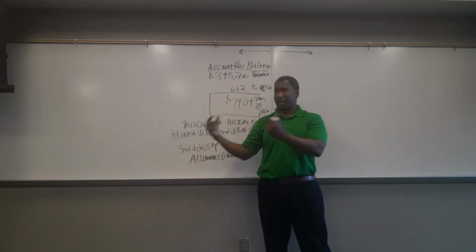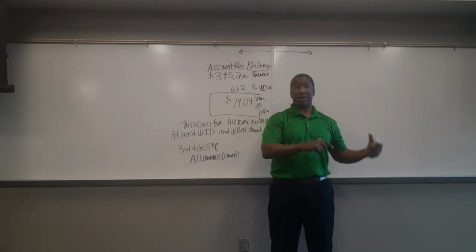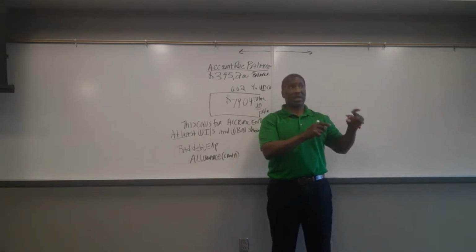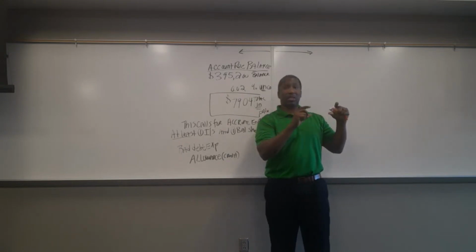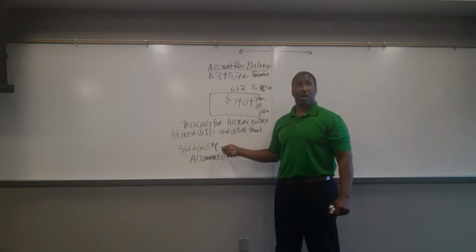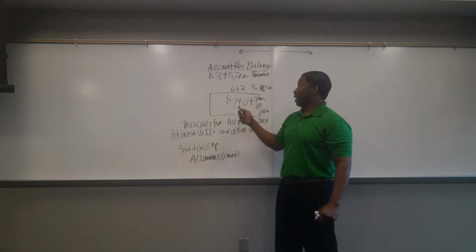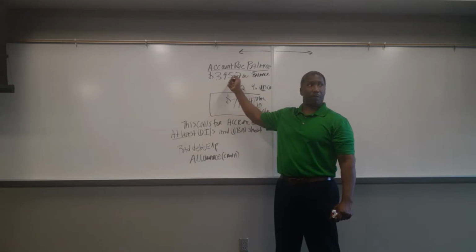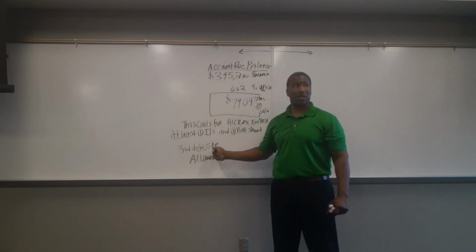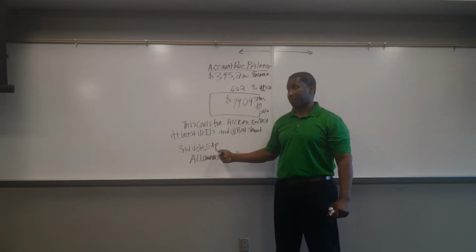Anything that doesn't have to do with your business is over there. This bad debt expense comes under operating expenses because these are regular operating sales, and you have operating bad debt expense. So this is an operating expense, bad debt, okay?